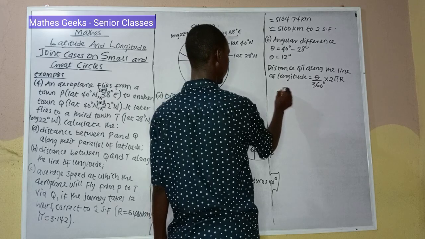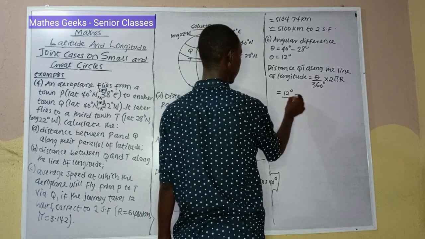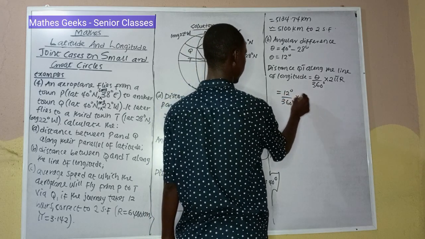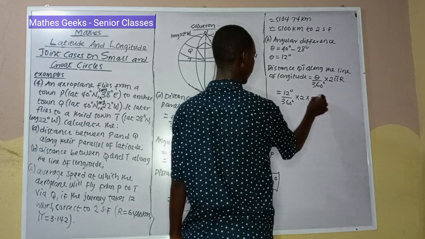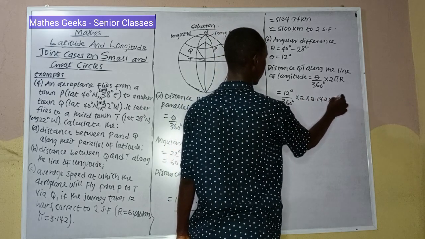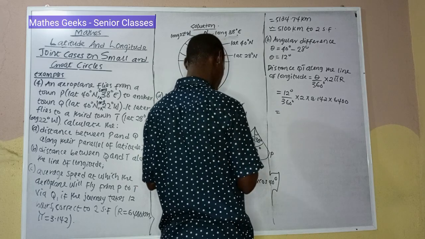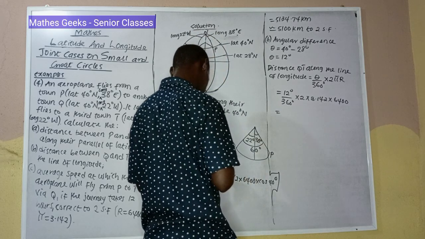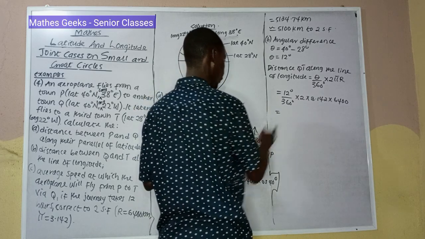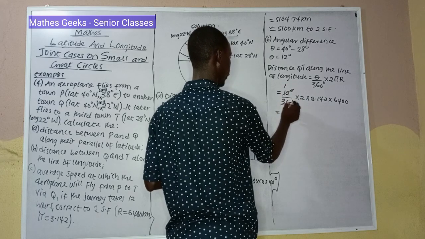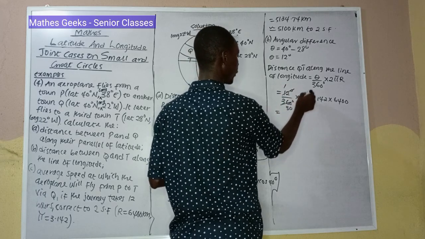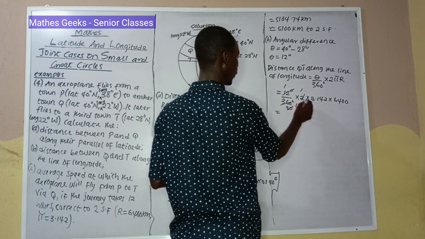So theta is 12 over 360 degrees times 2 times 3.142 times 6,400. So 12 here, 1, 360 here, 30, 2 here, 1, 2 here, 15.